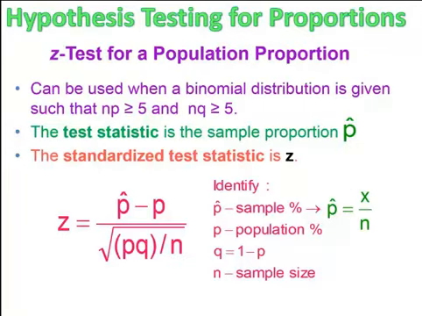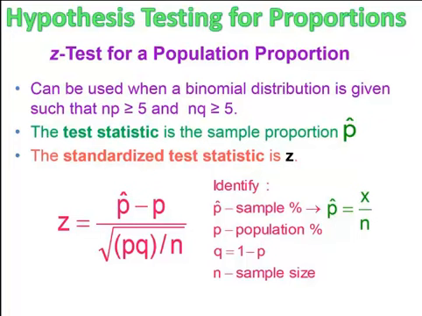So the next hypothesis testing we'll be working with is for proportions. And for proportions, we use the z-test. To use the z-test for the population proportion, it must meet this condition.